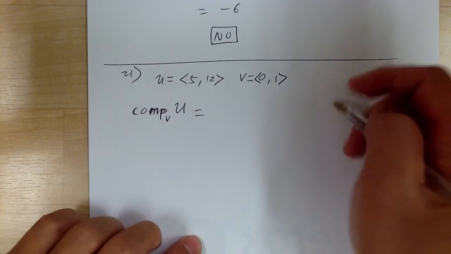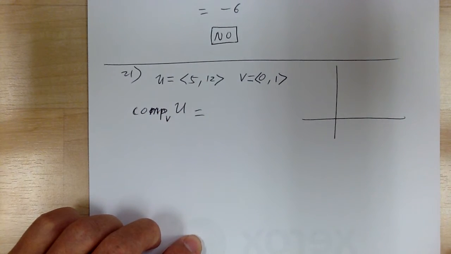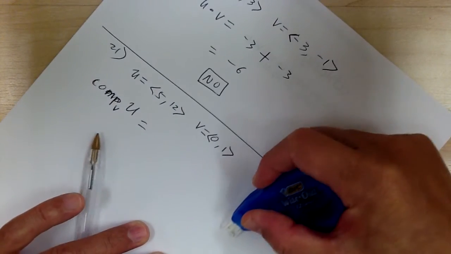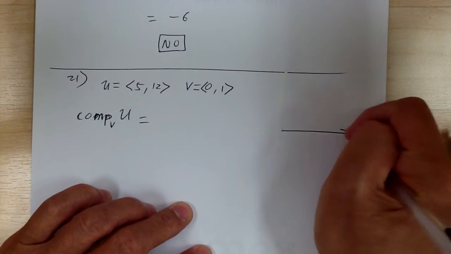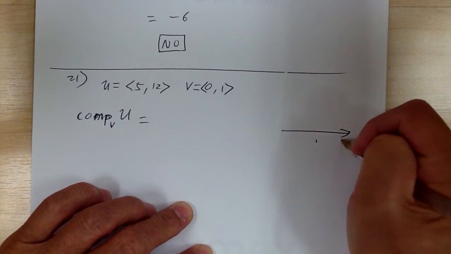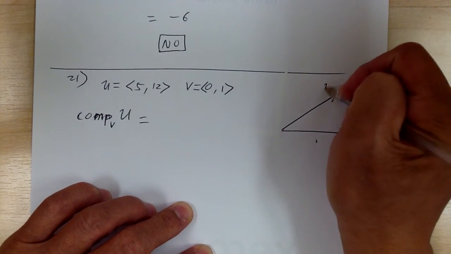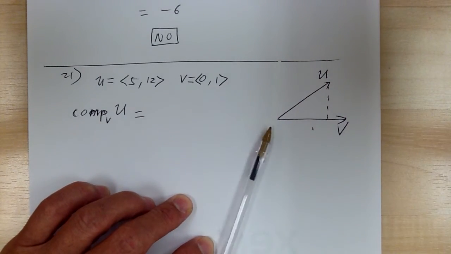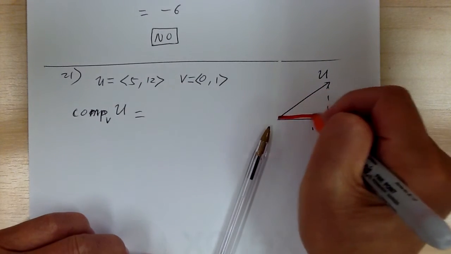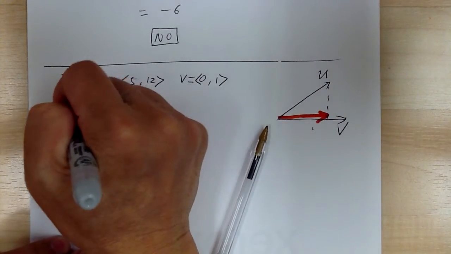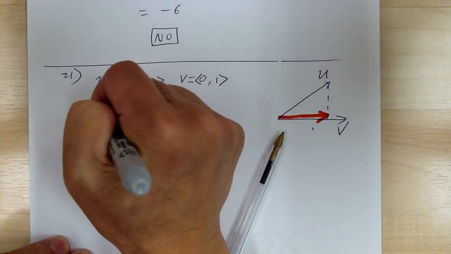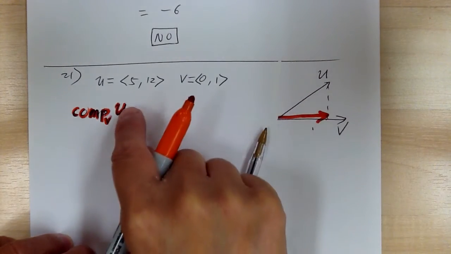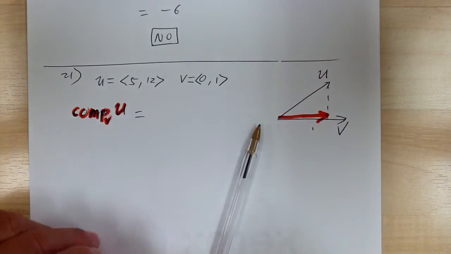Component of u on v means you have the vector v over here, and you have the vector u, and you're projecting the shadow. So the component of u on v is this over here. It's the shadow that u casts on v.